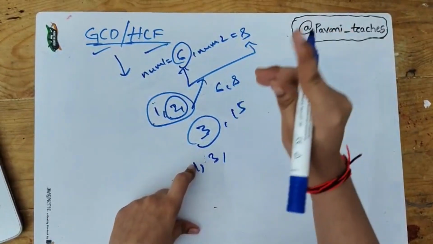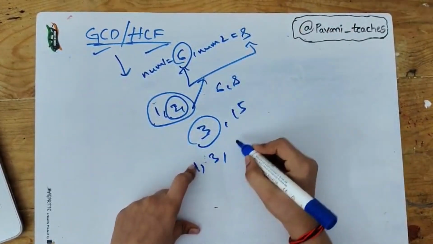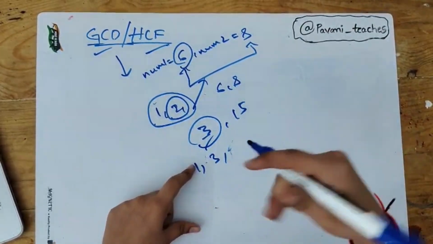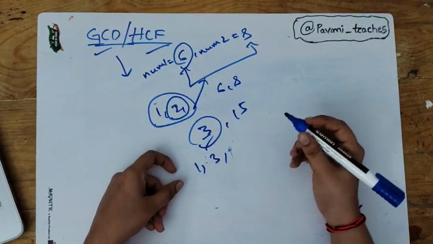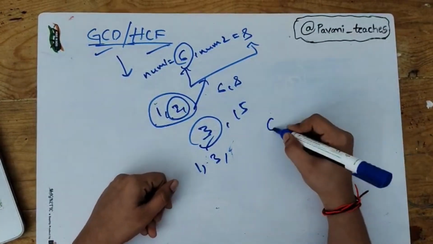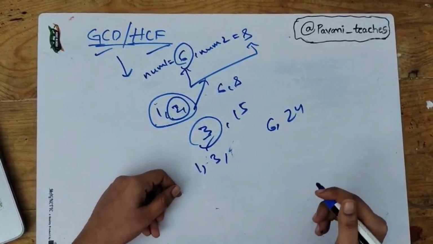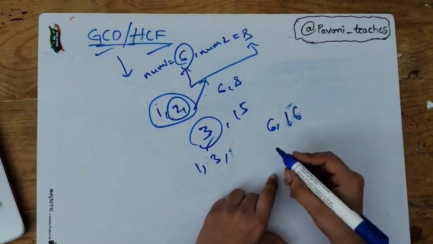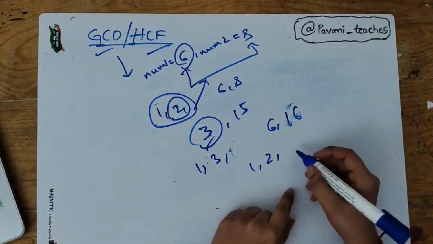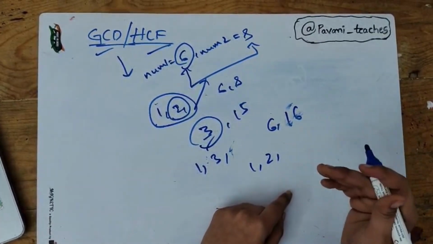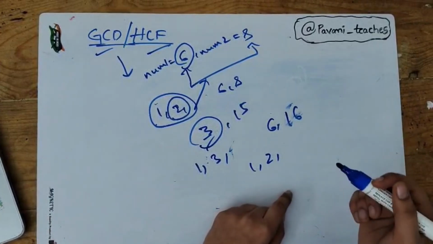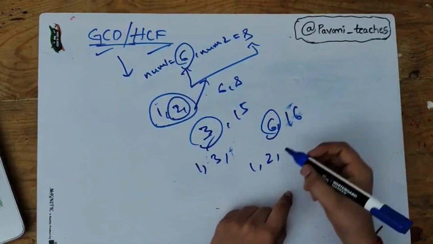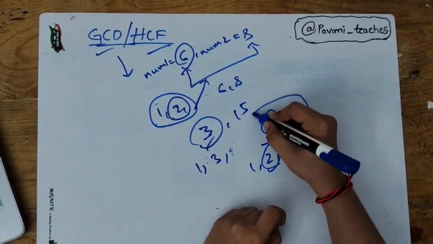We do not need to check beyond the smallest number, because 4 will never divide 3. If I take some other numbers, like 6 and 16, now 1 divides both, 2 divides both, 3 will not, 4 no, 6 no, 7 no. We are crossing 6, so there is no need to check. So 2 is the greatest common factor of these two numbers.